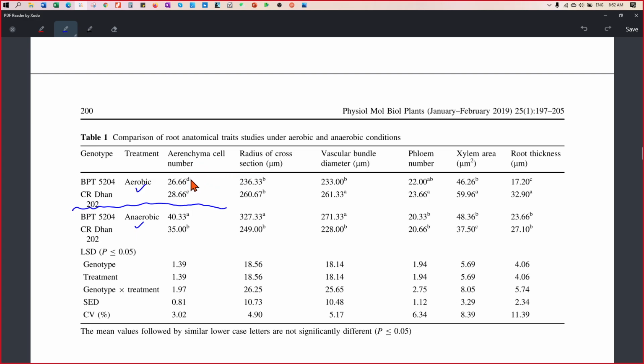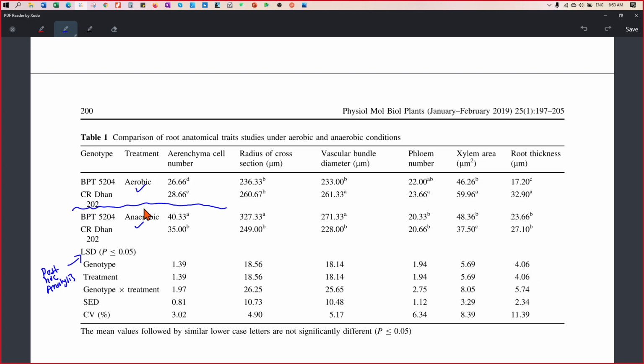Okay, they also said that they did the ANOVA. Not only that they did ANOVA, they also did the LSD, the least significant difference. So this is the post hoc for ANOVA. Post hoc analysis. ANOVA does not tell you which treatment is different.